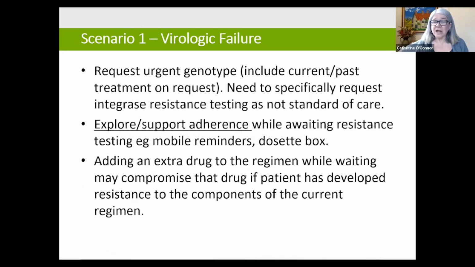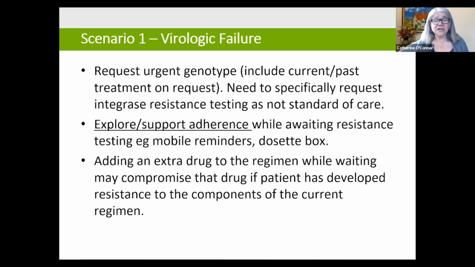So we decided that we would request an urgent genotype. You need to make sure that when you do a request, you include the current and past treatments. And if you want to do an integrase resistance test, so if they're already on integrase, you would make sure you specifically ask for it, because it's not standard of care. You next of all need to explore and support adherence while you're awaiting the resistance test.